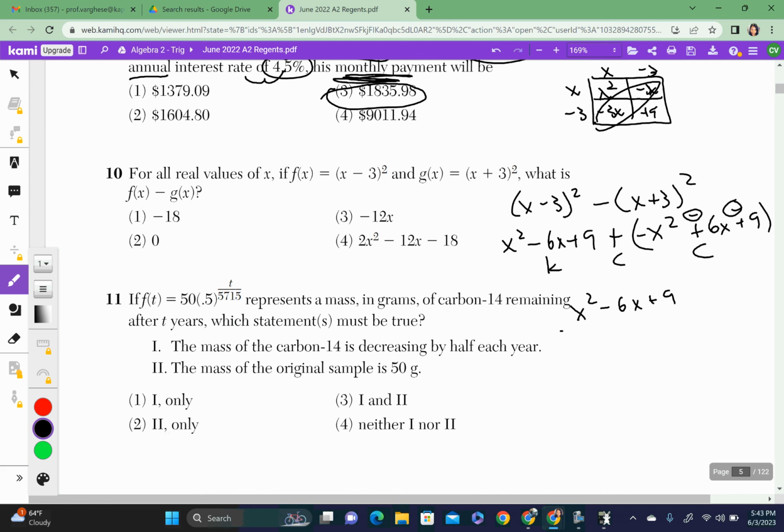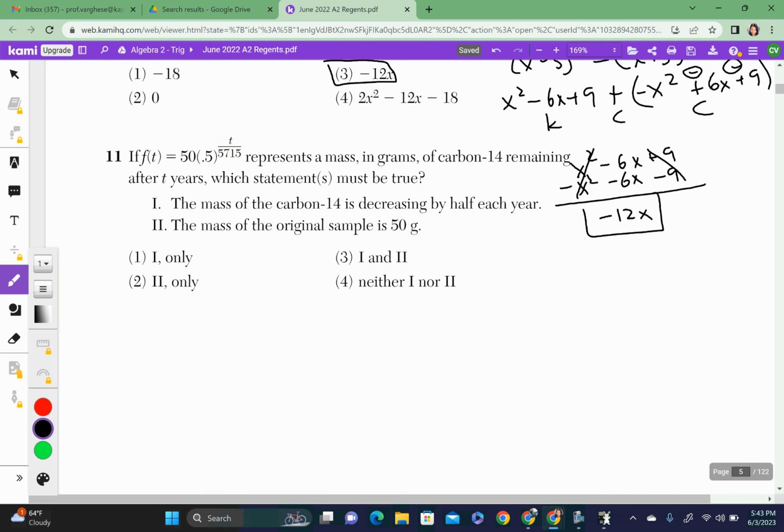So x squared minus x squared, they cancel each other out. This is going to be negative 6x minus 6x again, so that's going to be negative 12x. So it looks like this is going to be our answer right now, and let's just make sure. This is negative 9, so 9 minus 9 cancels out as well. So this is negative 12x as my final answer, which is choice 3.